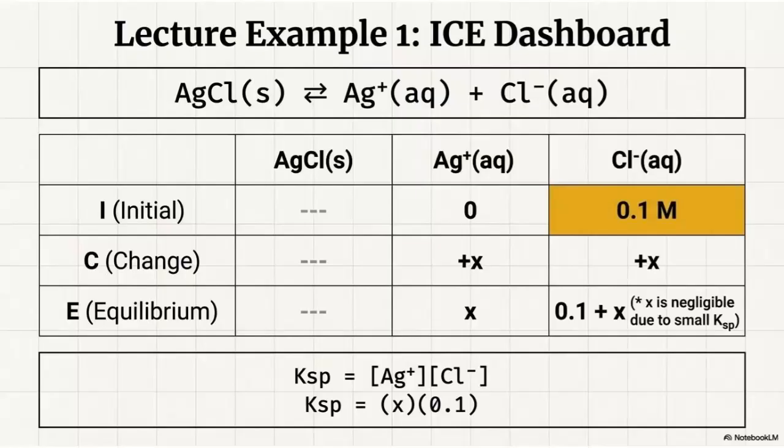So when you set up your ICE table, we are going to do it the same way we did for the salts. We are not going to look at the solid, because it doesn't have an effect on the equilibrium expression. The only difference now is that instead of having 0 for the concentration of the chloride, we're going to have 0.1, which is coming from the HCl that we are adding.